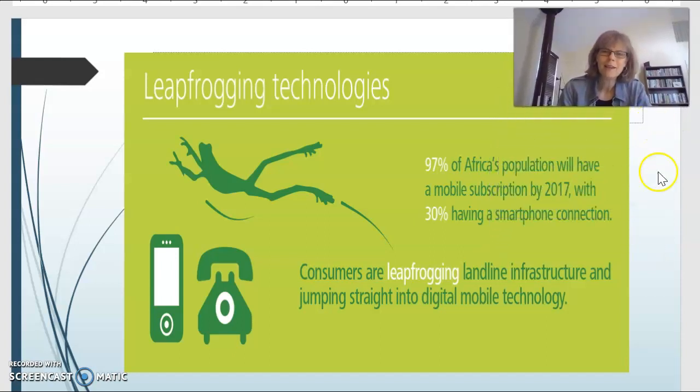And I found this slide, I thought it applied well to our article, leapfrogging technologies. And here's an example they gave. Since 97% of Africa's population has mobile phones, right? People have cell phones. And 30% have a smartphone connection, then consumers can just leapfrog over the landline phone, right?